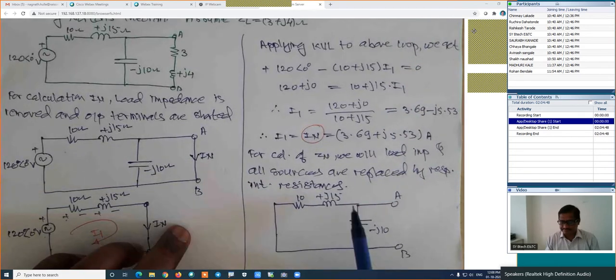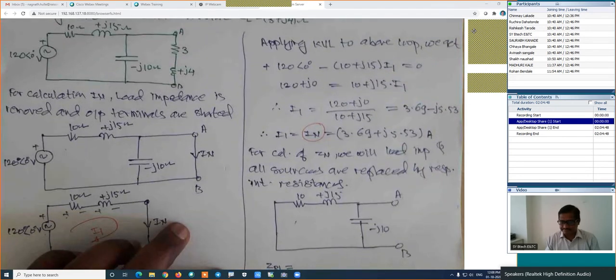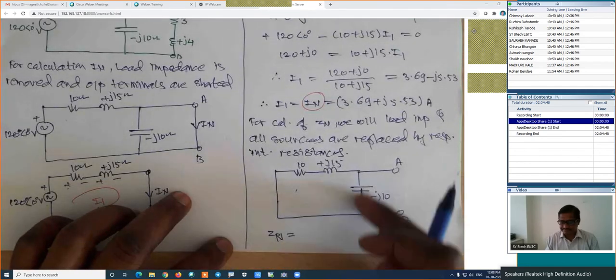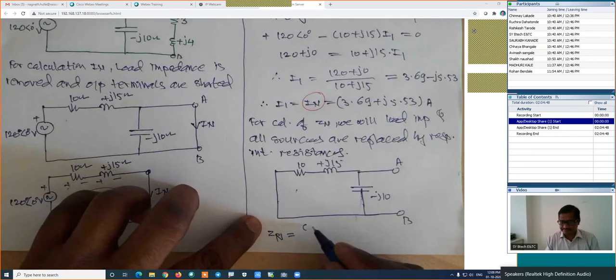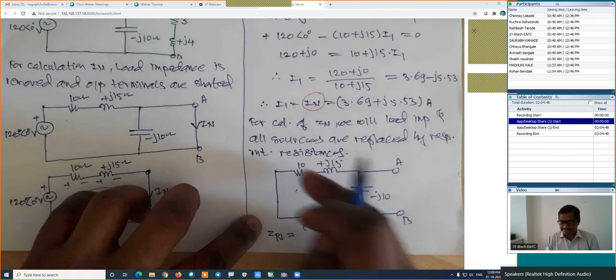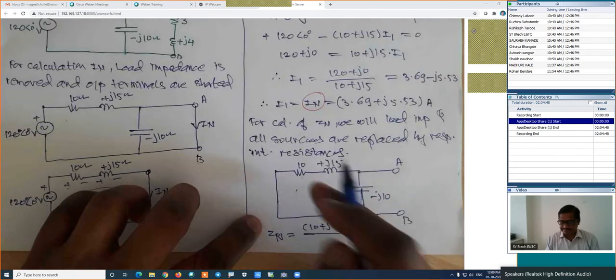Now, this impedance is completely parallel with this. Directly we can find out its value, Zp or Zn, I will call it Norton's impedance, which is equal to Zn. This branch is parallel with this, means its value will be Z1 into Z2 divided by Z1 plus Z2.